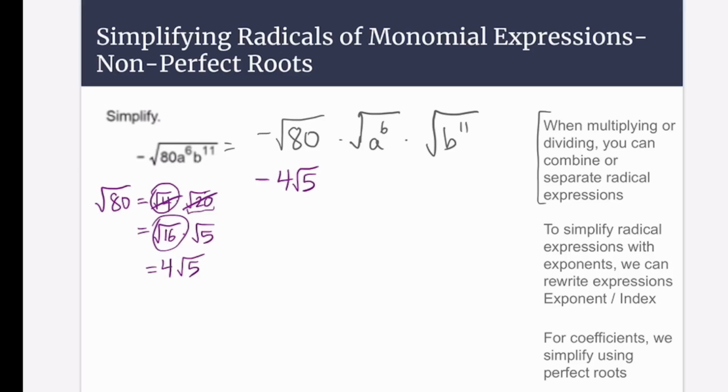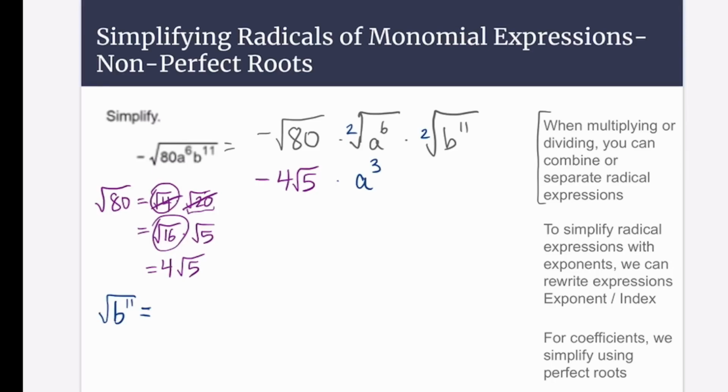A to the 6th power, because these are square roots, 6 divided by 2 is 3, so we get a to the 3rd. Now, b to the 11th power, when we do 11 divided by 2, that's not going to give us a whole number. So similarly, we are going to find a perfect root under here.